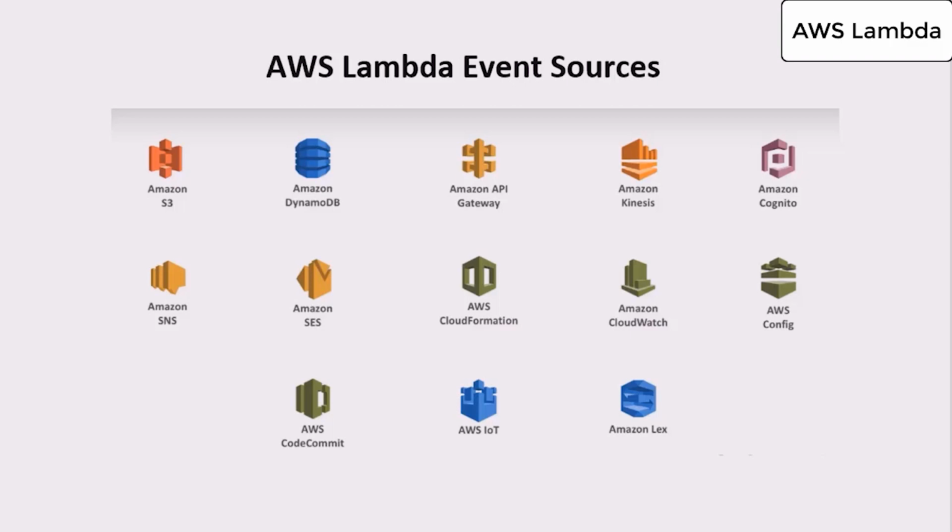Or suppose some server is having high CPU utilization or high memory utilization, in that case also CloudWatch can trigger the Lambda function to perform some activity based on that. So these event sources can trigger the Lambda function and perform tasks depending on that.